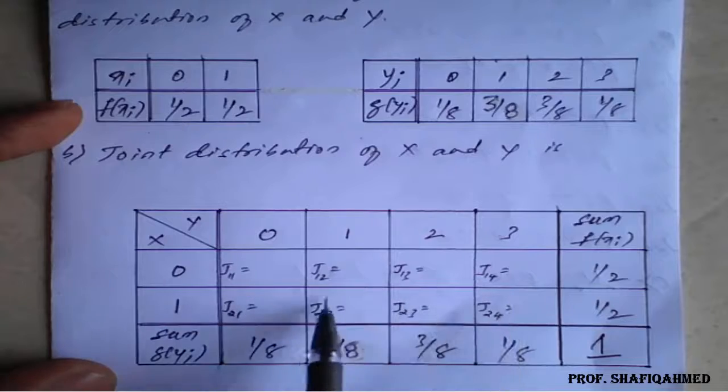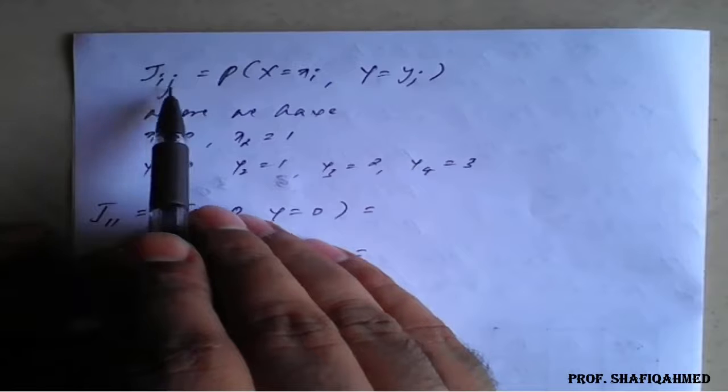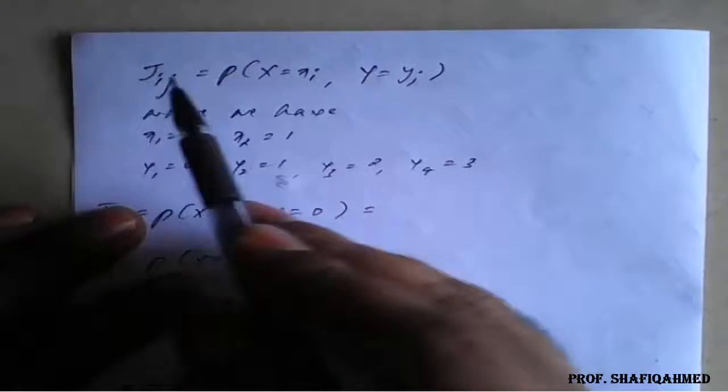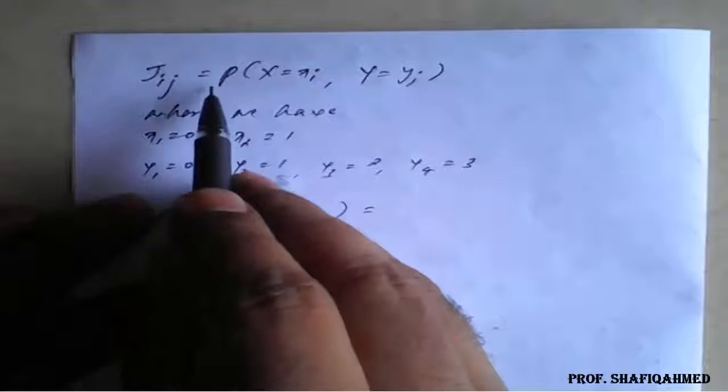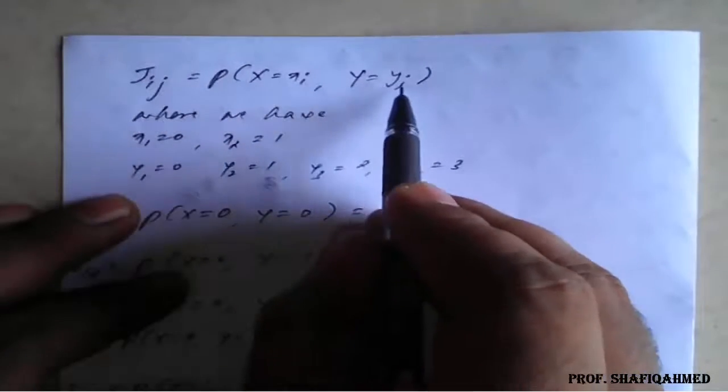Similarly we have to complete the middle bracket now, by using the formula Jij, where J stands for joint probability, Jij is equal to P of x equal to xi, y equal to yj.